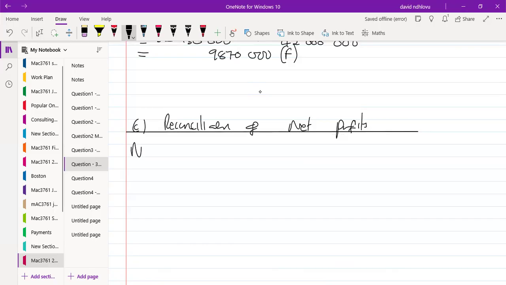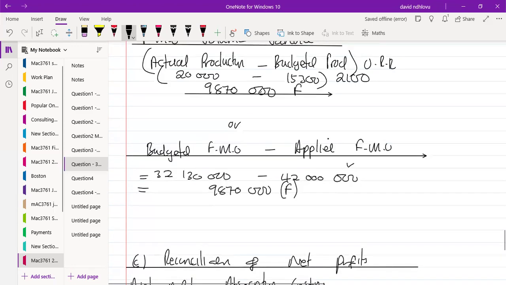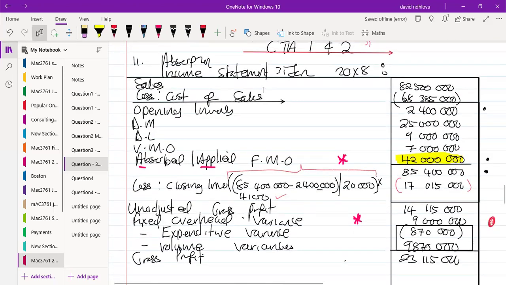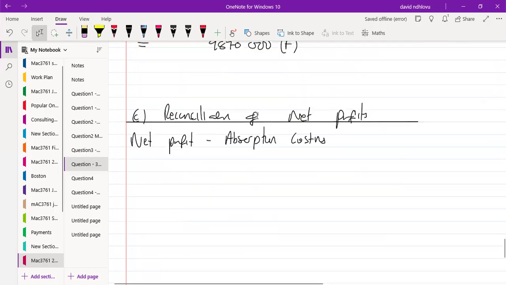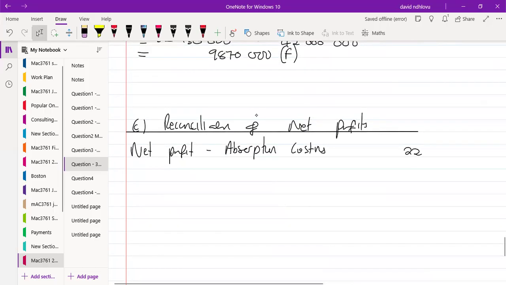Assuming that we start with net profit based on absorption costing, which is the figure that we got there, our overall figure was 22,357. What we want to do is work from this figure and arrive at the net profit based on variable costing.